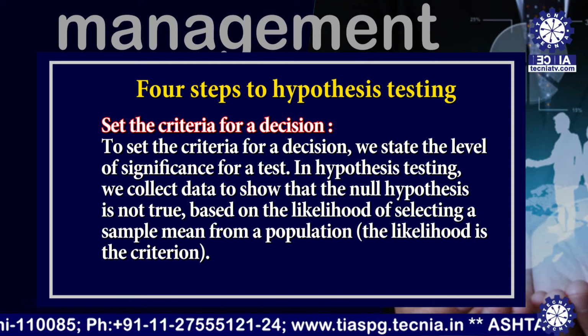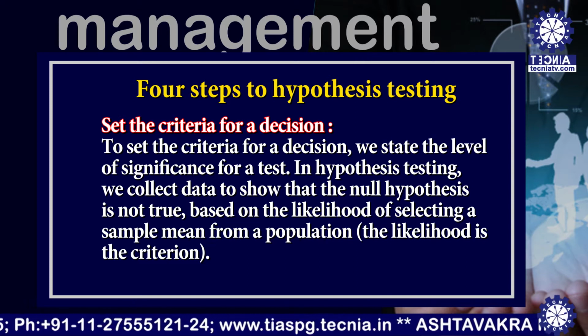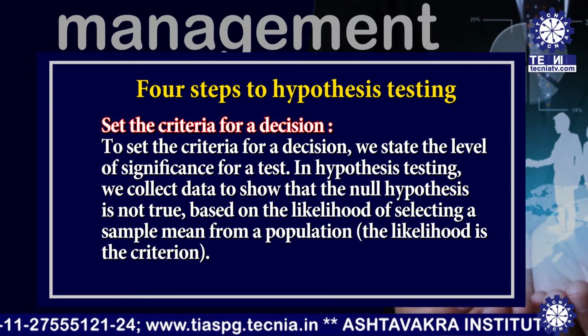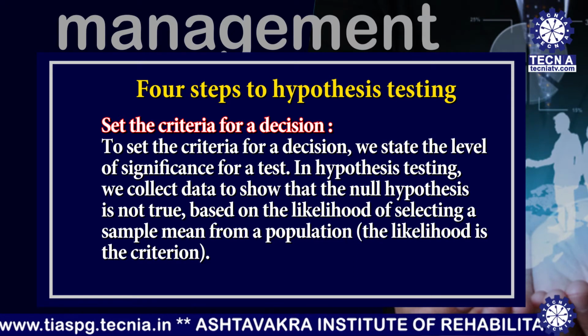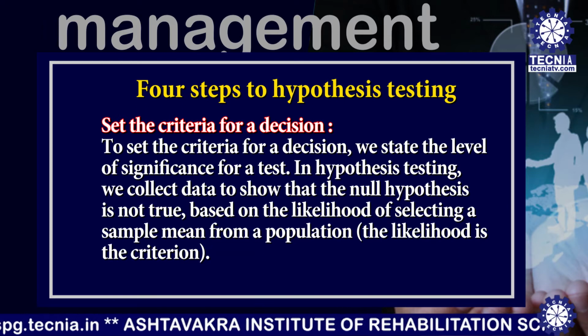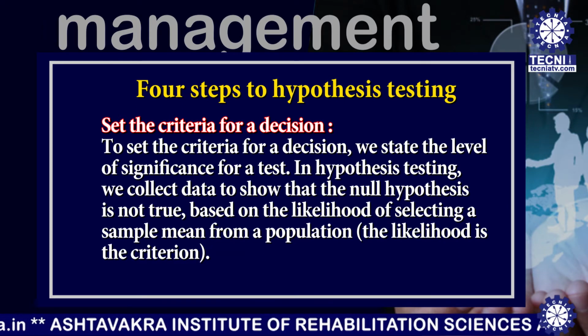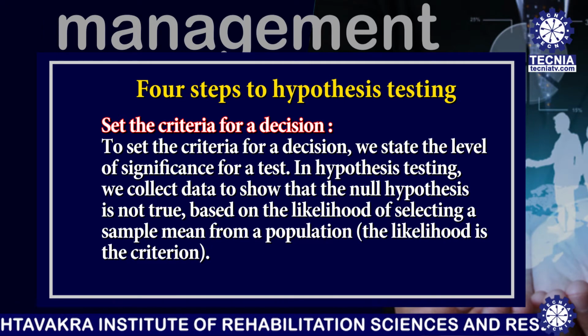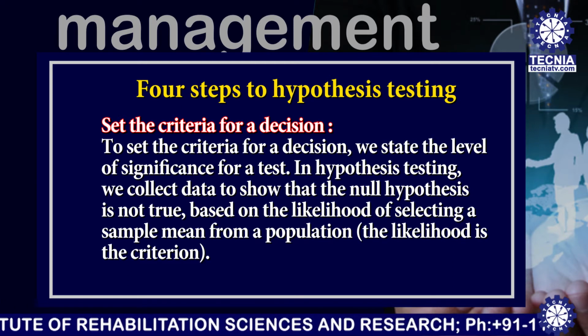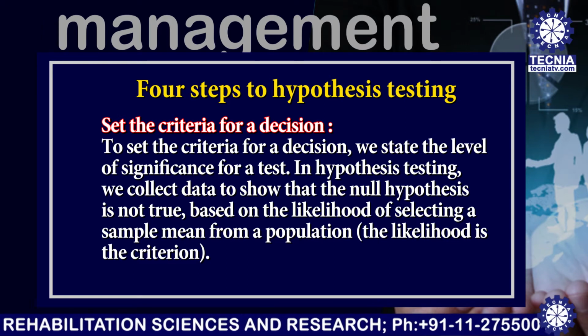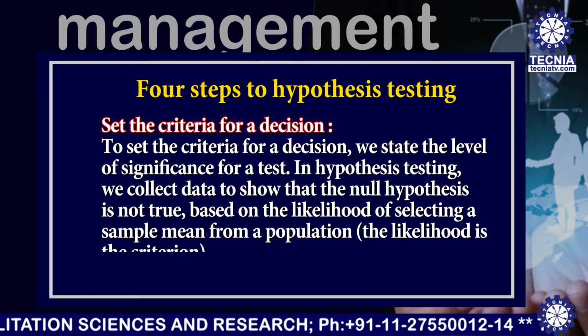To set the criteria for a decision, we state the level of significance for a test. In hypothesis testing, we collect data to show that the null hypothesis is not true, based on the likelihood of selecting a sample mean from a population. That is, the likelihood is the criteria.